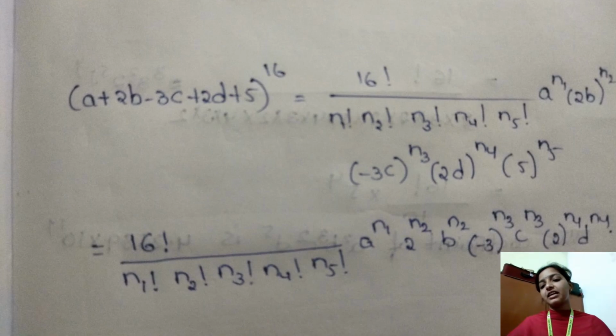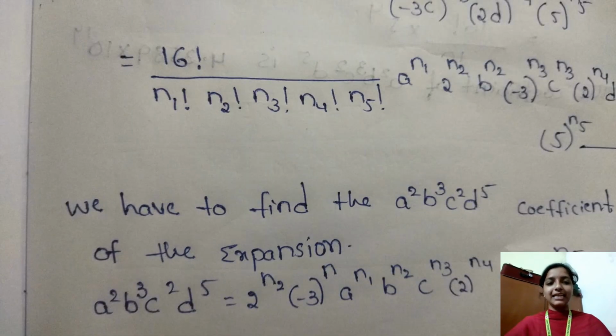We can write it in order: a power n1, (2b) power n2, (-3c) power n3, (2d) power n4, 5 power n5. So it is 16 factorial by n1 factorial, n2 factorial, n3 factorial, n4 factorial, n5 factorial, a power n1, 2 power n2, b power n2, (-3) power n3, c power n3, 2 power n4, d power n4, 5 power n5.